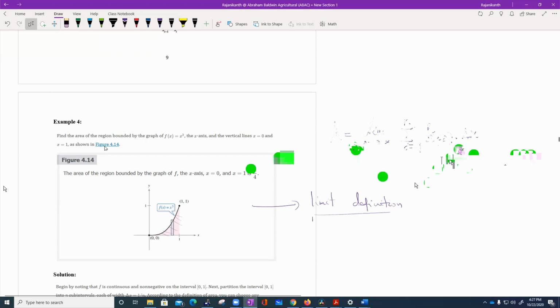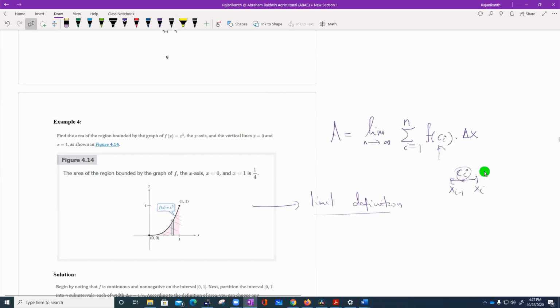Understand carefully what ci is. ci is nothing but a point inside your subinterval. Suppose this is your ith subinterval; ci is a point anywhere in this closed subinterval. You are free to choose any value of ci, right? In most cases, we pick ci as either the left-hand point or the right-hand point. It's up to you.